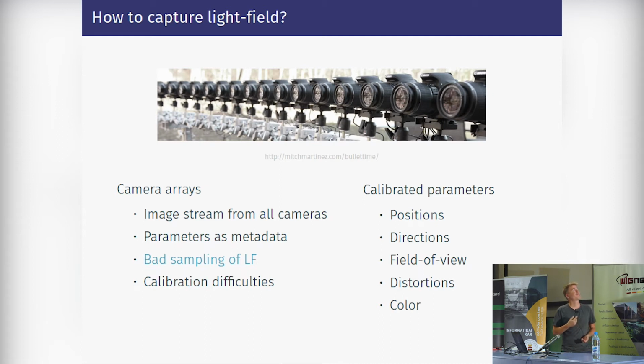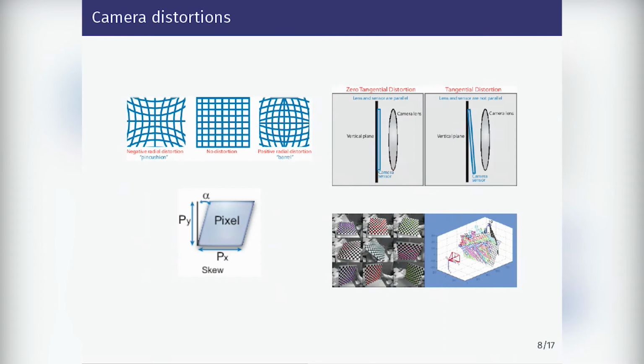And of course, a calibrated camera system is much easier said than done, because we have to have a whole range of information about these cameras, like where they are looking, what exactly their field of view is, what kind of lens distortions they have, and what kind of color balance or information they are capturing exactly. Just to illustrate the difficulties, I cherry-picked a few distortions.